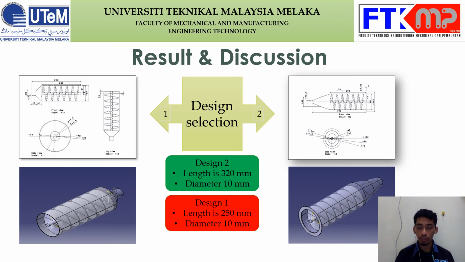The reason is that the pathway for the molten metal before entering the mold can cut off more of the dendritic arms. That is why the second design is better than the first one.